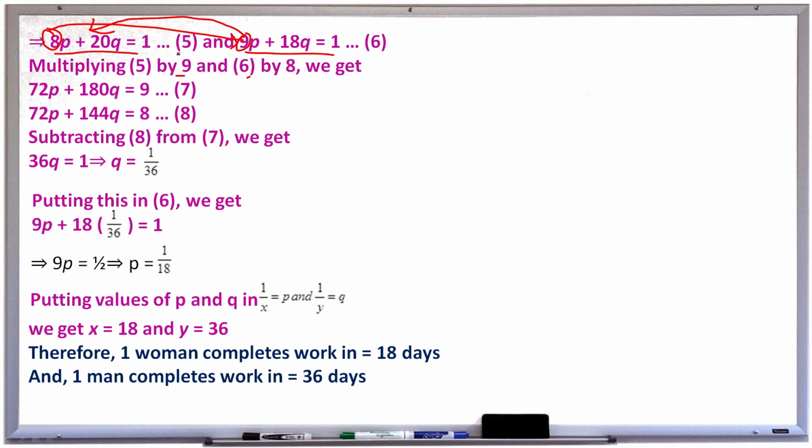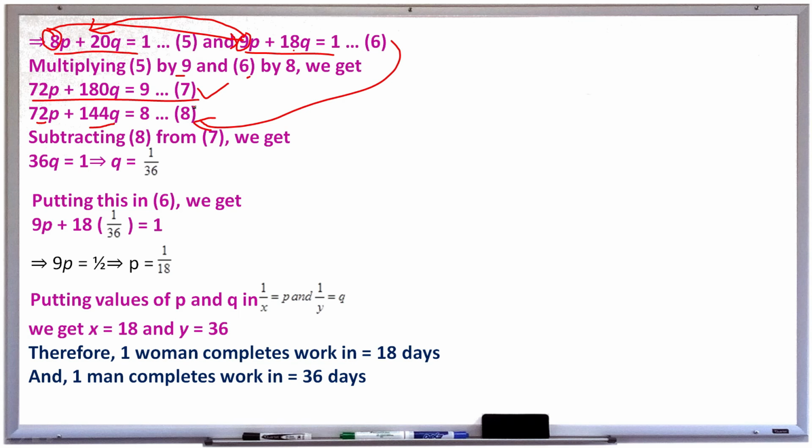So equation number 5, when you multiply by 9, will become 72p plus 180q equal to 9. Equation number 6 you multiply by 8: 8 into 9 is 72p, 8 into 18 is 144q, 8 ones are 8.